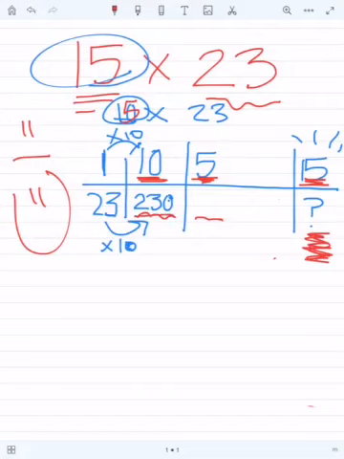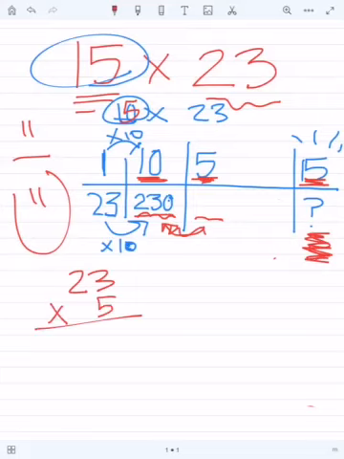Well, I know 10 groups of 23, and I know 5 is half of 10. So could I do half of 230? I could. Or off to the side, I could do 23 times 5 and see what that'll be.